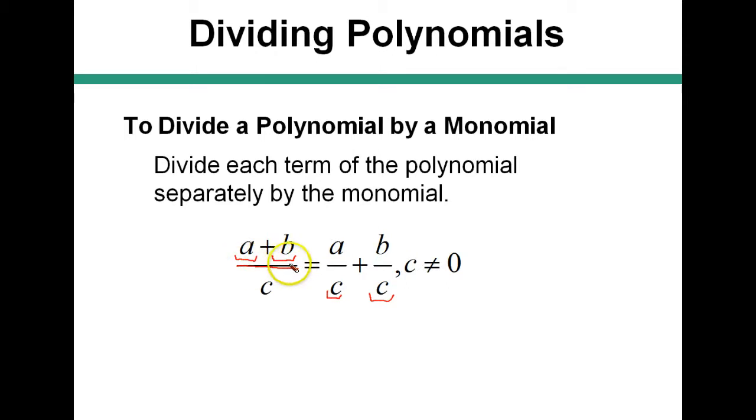That's a grouping symbol. But now by putting them over their common denominator, we end up with two terms, and we simplify each of these two terms. And here we're defining that C cannot be equal to 0 because these then would be undefined.